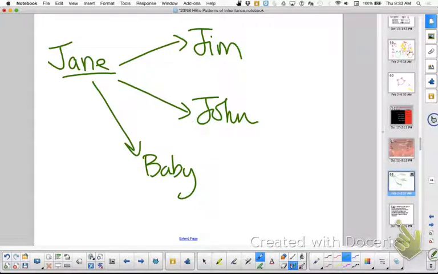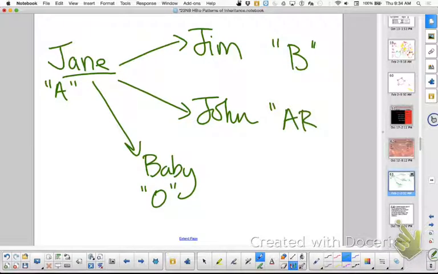Jane's phenotype of blood is A. Don't say anything out loud, by the way. Baby's blood type is O. Jim is type B. And John is type AB. Let's find out who's going to help her buy diapers. So on your practice problems, work it out. Who is helping Jane buy diapers?